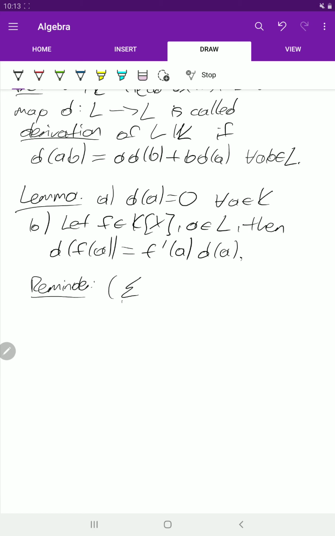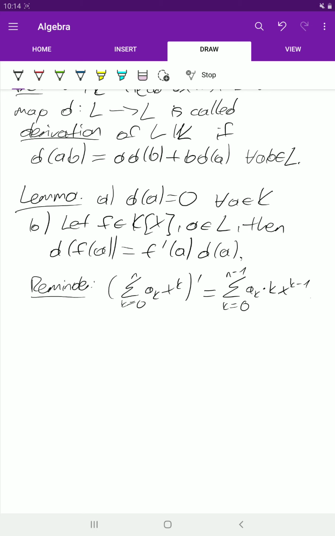If we have the sum from k equals 0 to n of a_k x to the k, the derivative is just the sum from k equals 0 to n minus 1 of a_k times k x to the k minus 1. And of course this k can be 0 depending on the characteristic of the field.